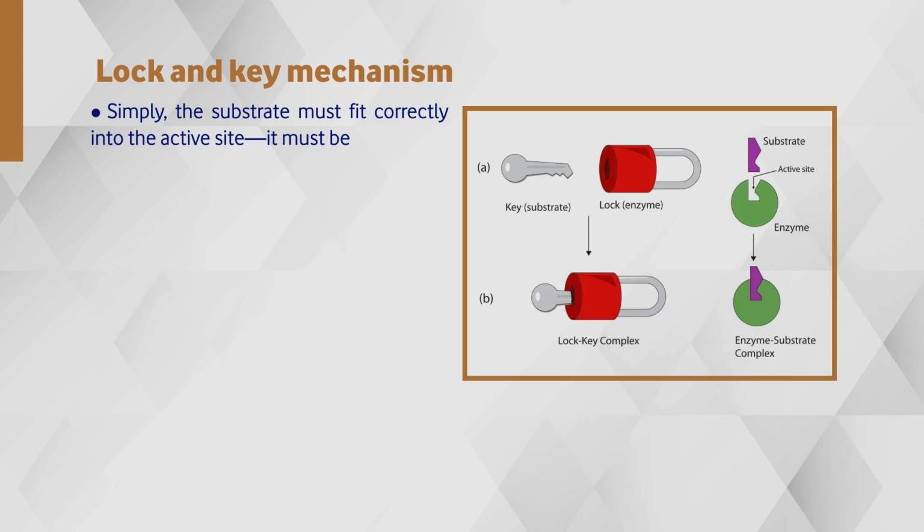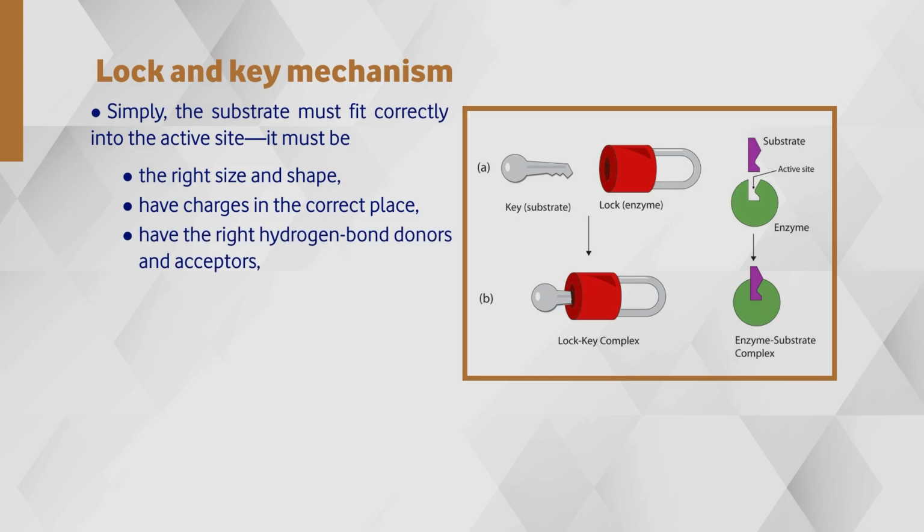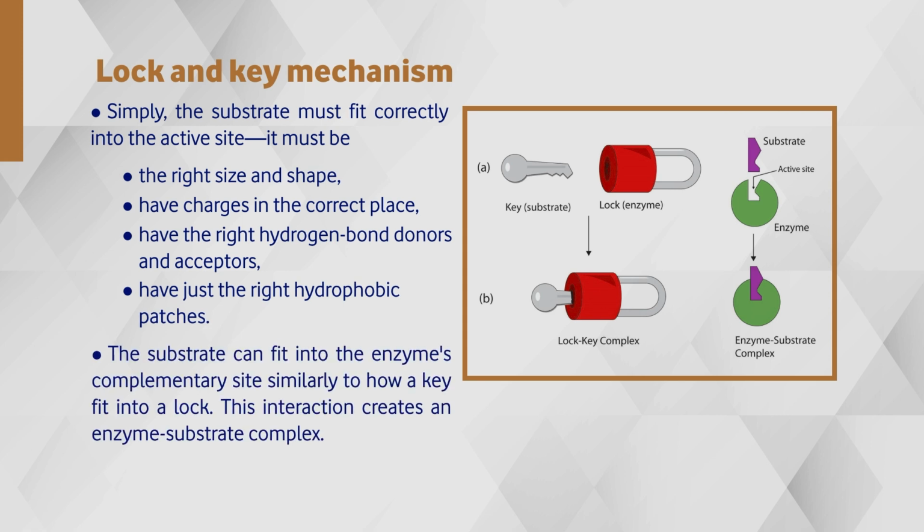It must be the right size and shape, have charges in the correct place, have the right hydrogen bond donor and acceptor, and have just the right hydrophobic patches. The substrate can fit into the enzyme's complementary site, similar to how a key fits into a lock.